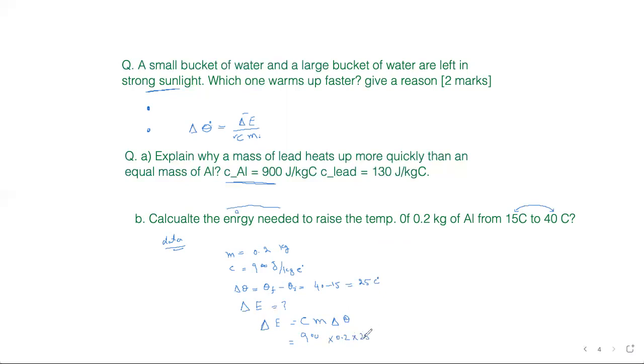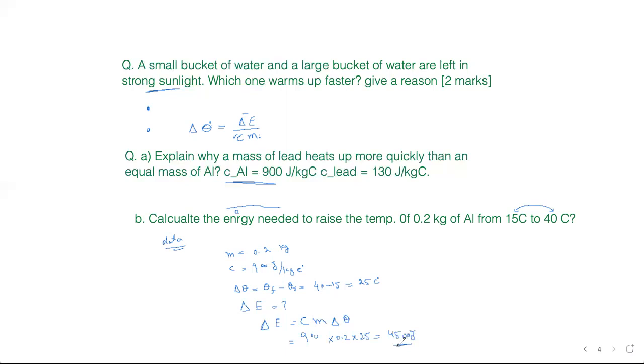So 0.2 times 25, the answer is 5. So 5 times 900 is 4,500. You are right, this is the answer.